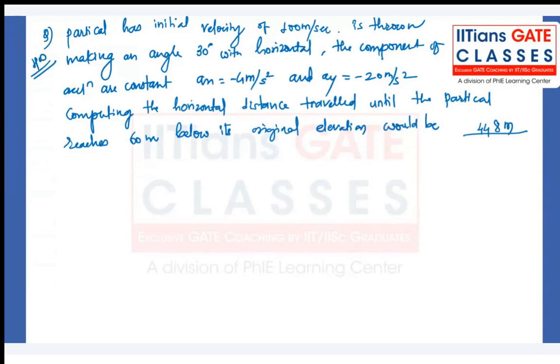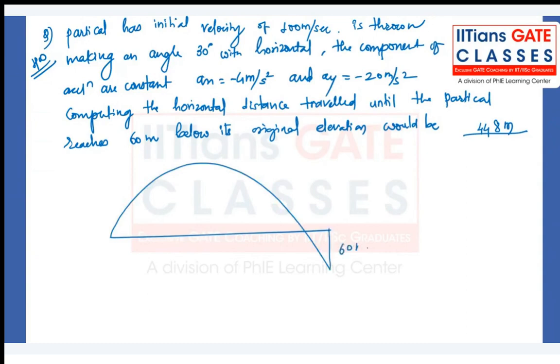If you are able to solve it, this concept is clear to you. This is 60 meter, delta y or sy. A particle has initial velocity 100 meters per second and is thrown making an angle 30 degree with the horizontal.